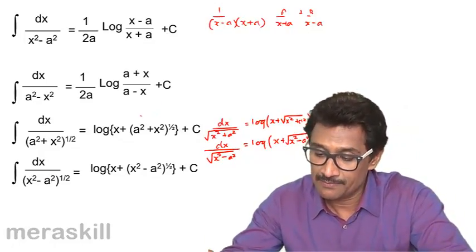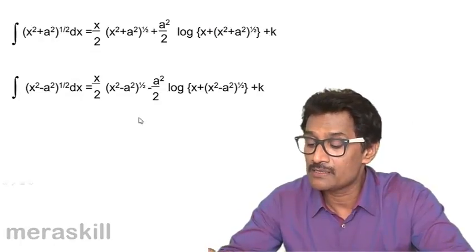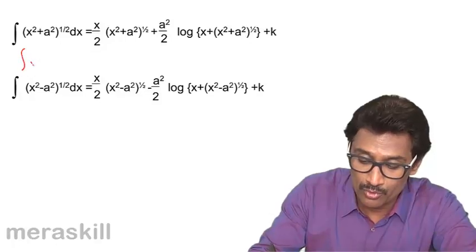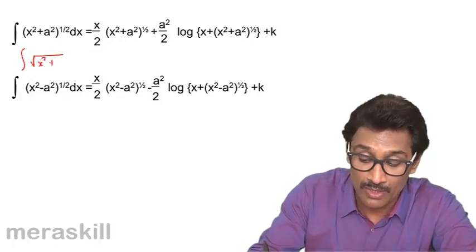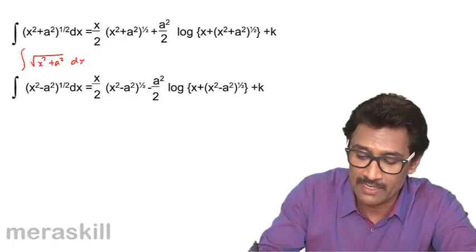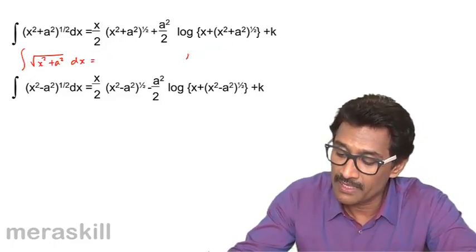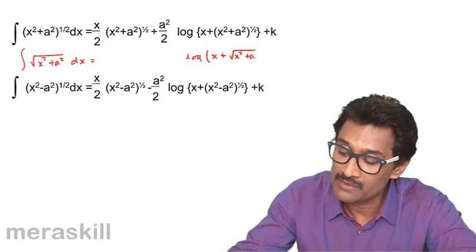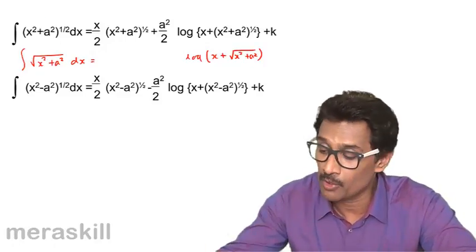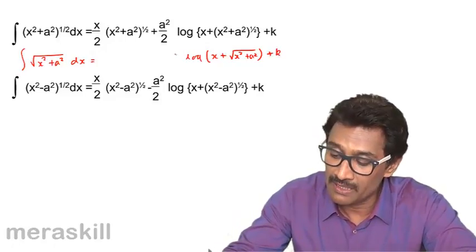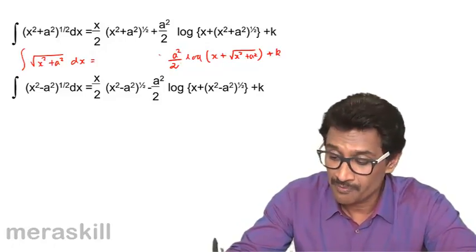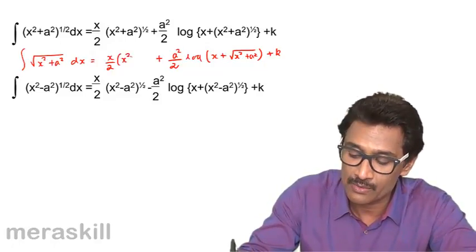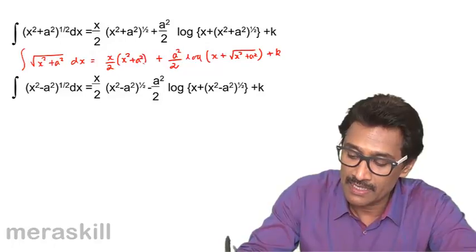Then we have the integral of root of x square plus a square, that is, the square root of x square plus a square. The previous one was 1 upon root x square plus a square. One of the factors will be log x plus root x square plus a square itself, but this will be multiplied by a square by 2. And before that, there is one more factor, that is x by 2 into the square root of x square plus a square.